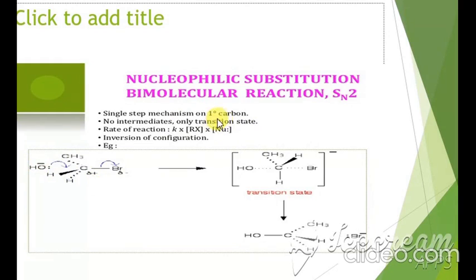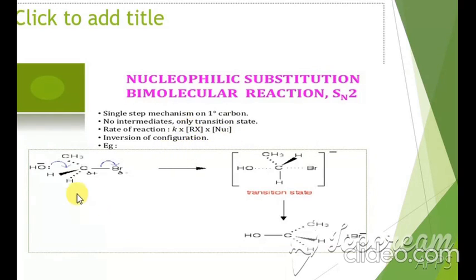And second, how do you write the order of the reaction? The order of the reaction is the sum of the exponents of the concentrations. For example, the concentration of alkyl halide and nucleophile, each has exponent 1, so the order of the reaction is 1 plus 1 equals 2.